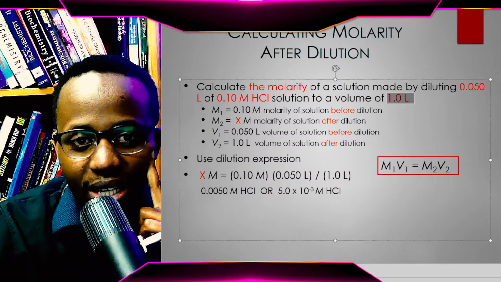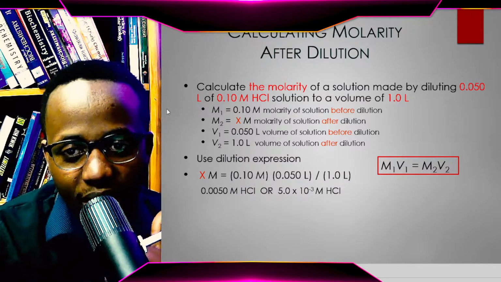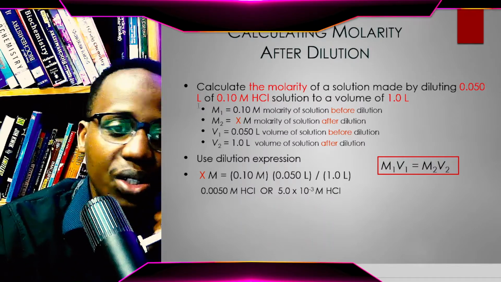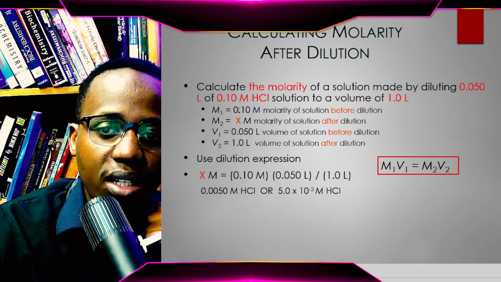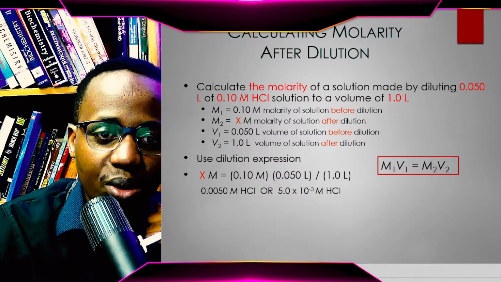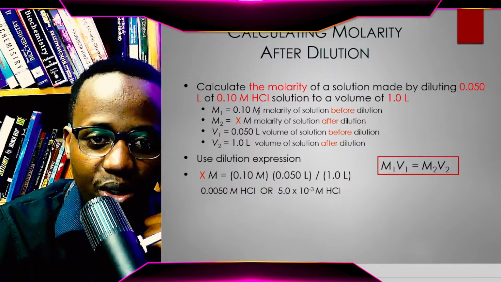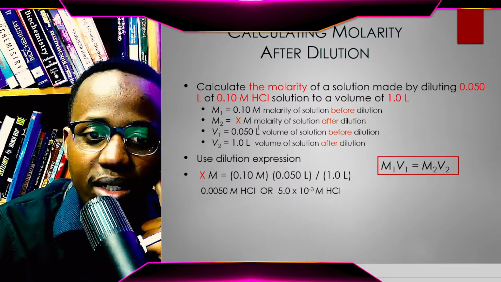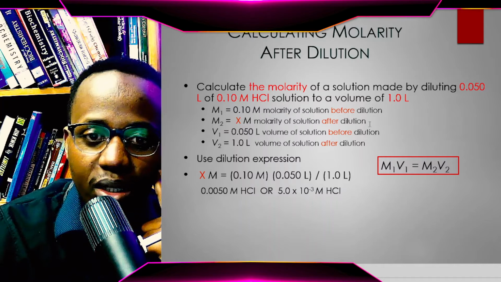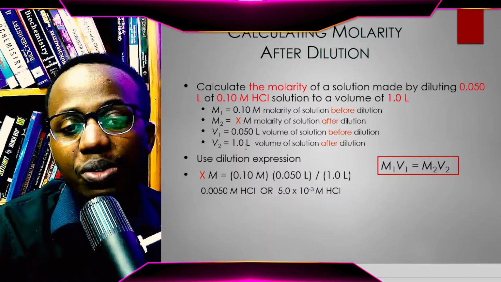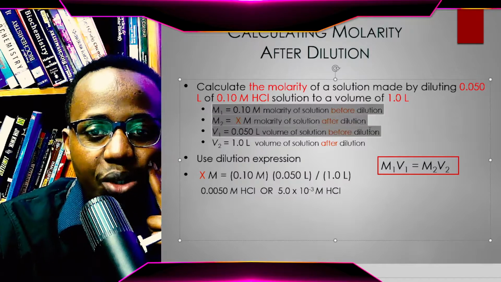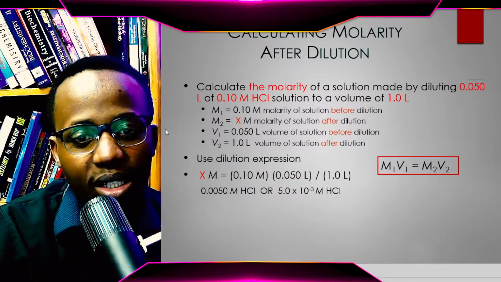So your task here is figuring out which one is M1, which one is M2, which one is V1, which one is V2. M1 is the one that you started with, the 0.1 molar solution. M2 is what they're asking. V1 is the volume that you started with. V2 is the volume of the solution that we want to make. And after you figure out which one is which, you're pretty much done.